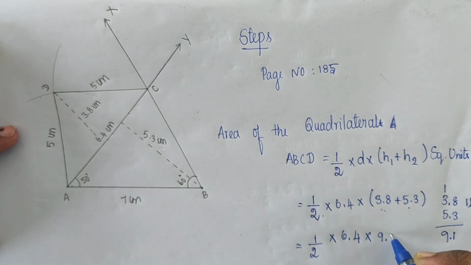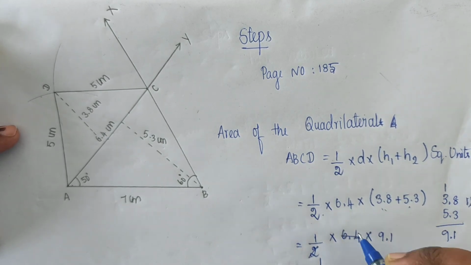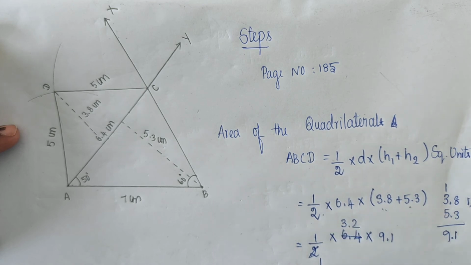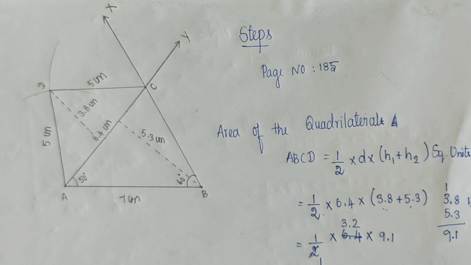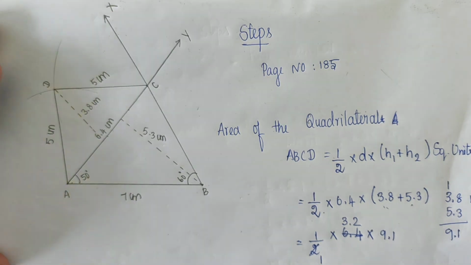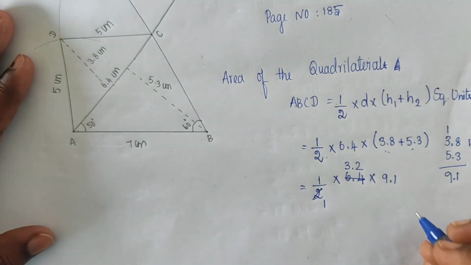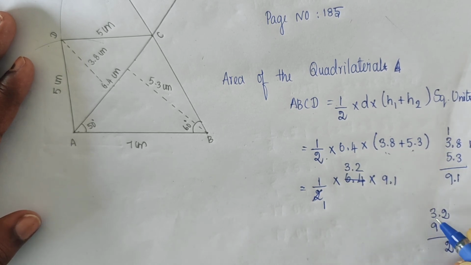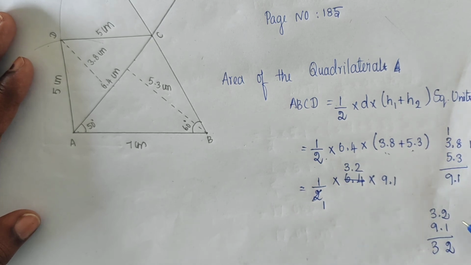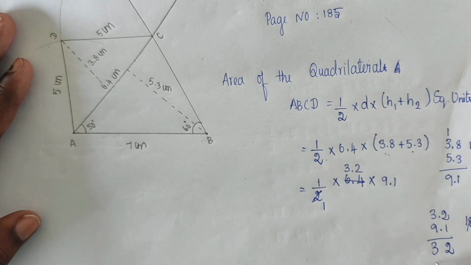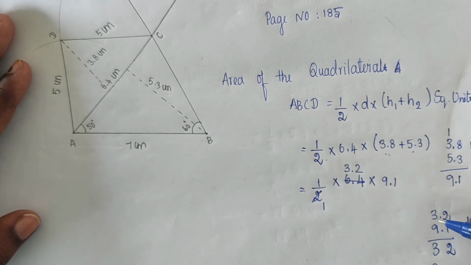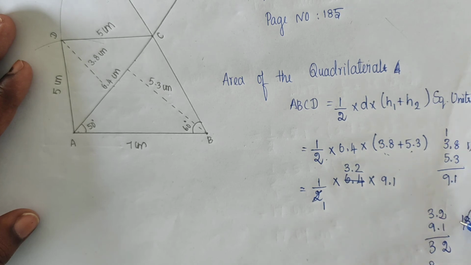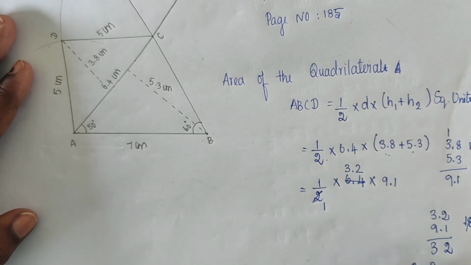Half of 6.4 is 3.2. Next multiply 3.2 by 9.1. 1 2 is 2, 1 3 is 3, 9 2s are 18, put 8 and carry 1, and 9 3s are 27, plus 1 is 28.